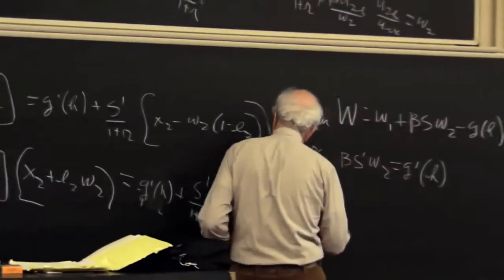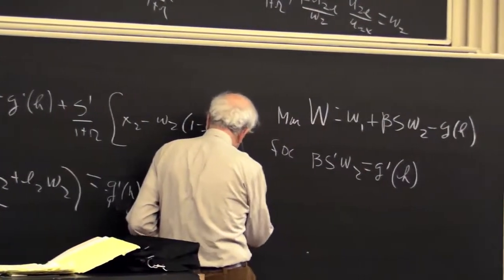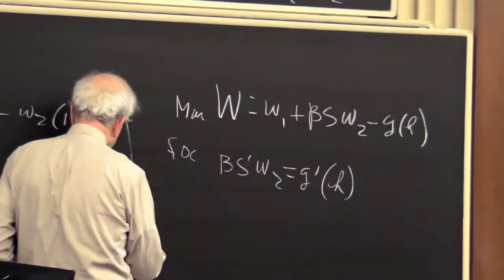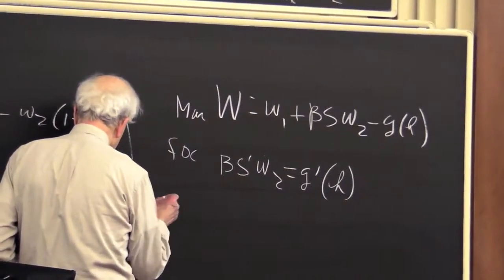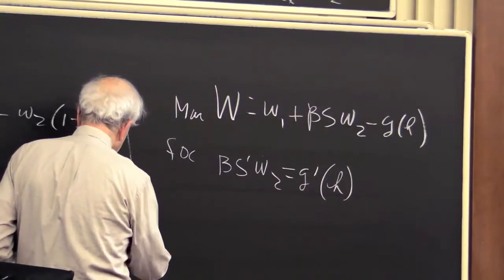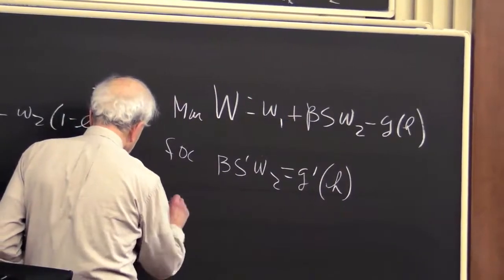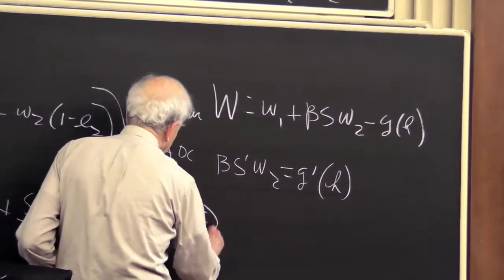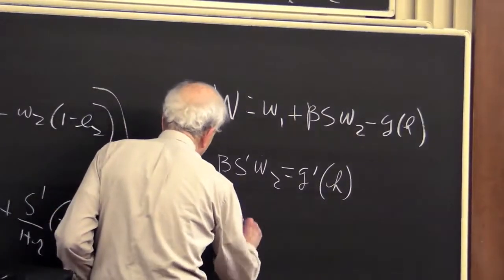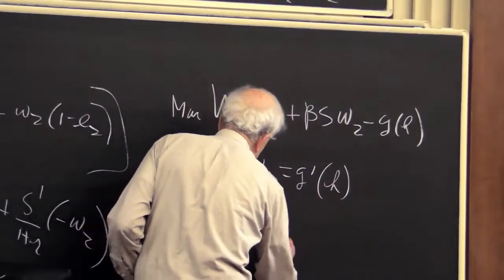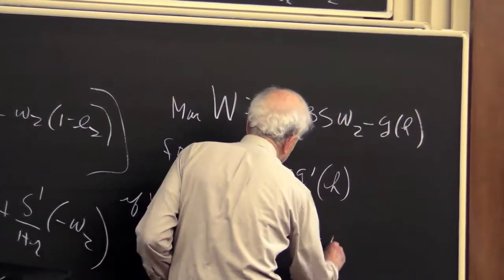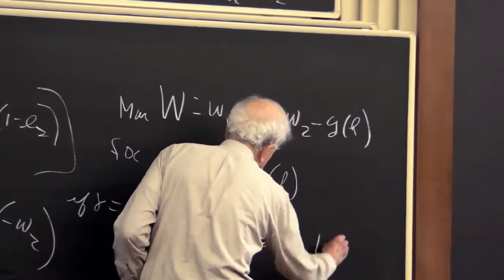That's an important implication. It really hasn't been recognized that much in the health literature, though it's implicit, obviously. If gamma equals 1, it implies max V is equivalent to max W.